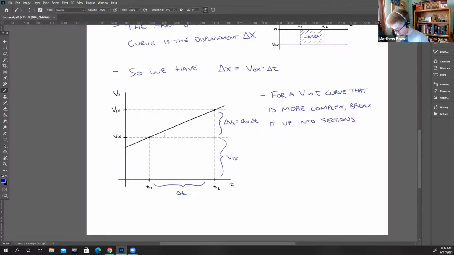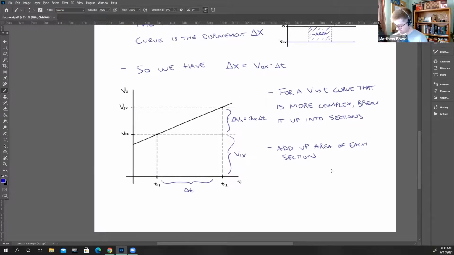All right, so now we have these two manageable sections that I can add up. Let's add up the area of each of these things. Add up area of each section. Okay, so we have this rectangle.